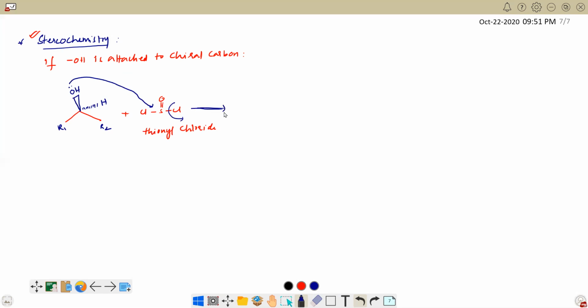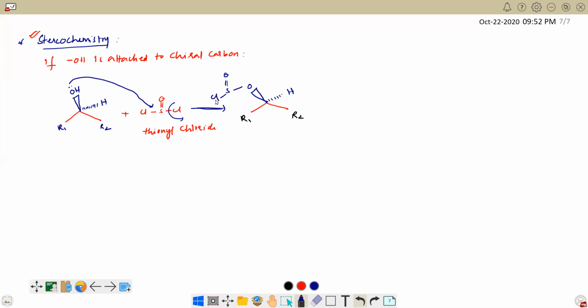Now how do you write this step? See carefully, till this stage there is no involvement of the chiral carbon, right? So the chiral carbon at which the oxygen position is above the plane O, and this hydrogen below the plane H, and this bond I'm writing S double bond O, and here Cl.